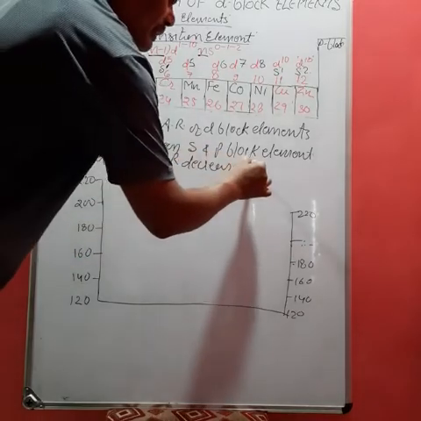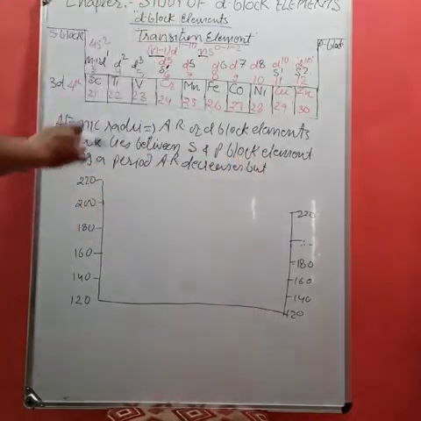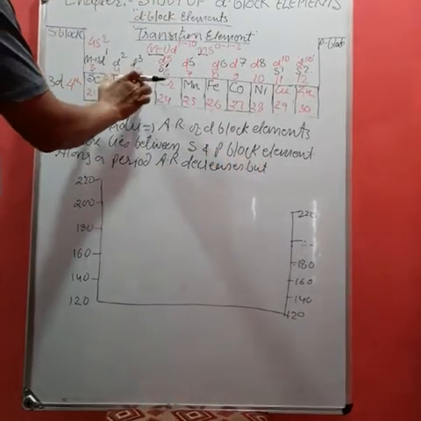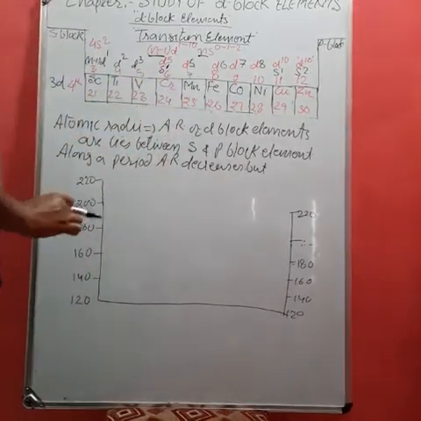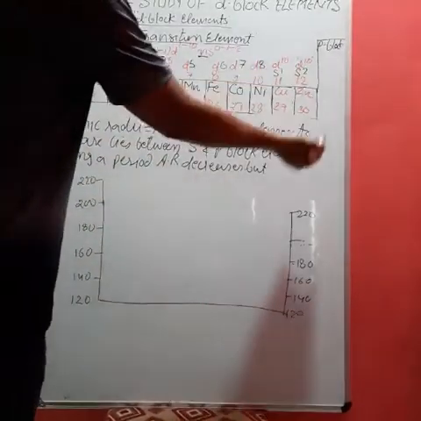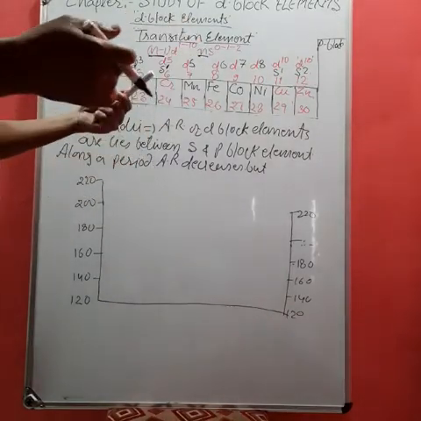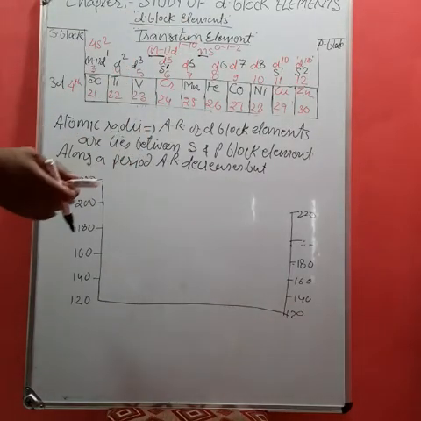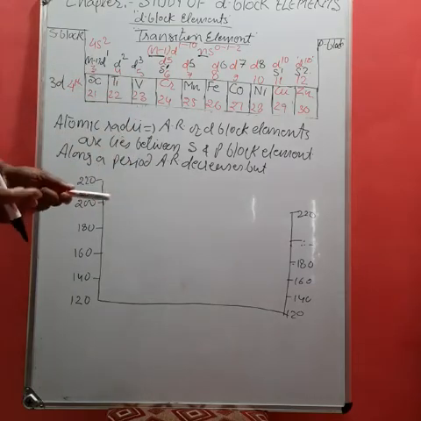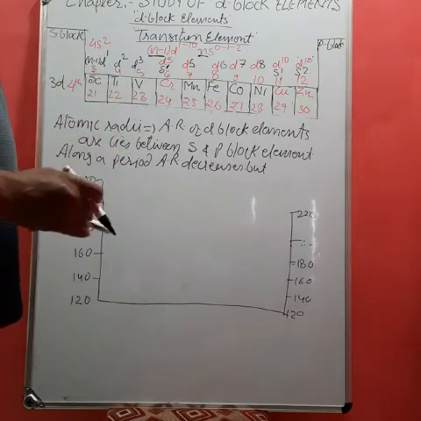But remember here, after scandium, titanium, vanadium, chromium and manganese, now the electrons start to pair up, and if the pairing of electrons takes place in the orbital, these paired orbitals will start to repel each other.